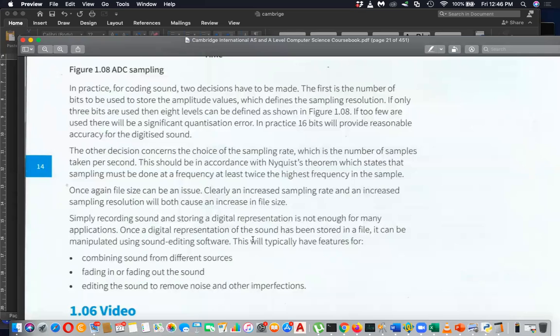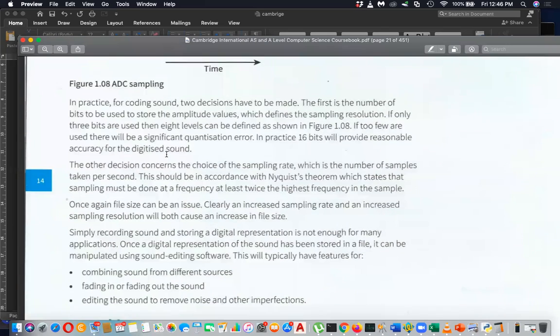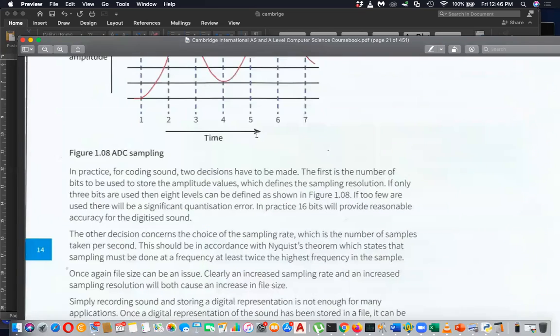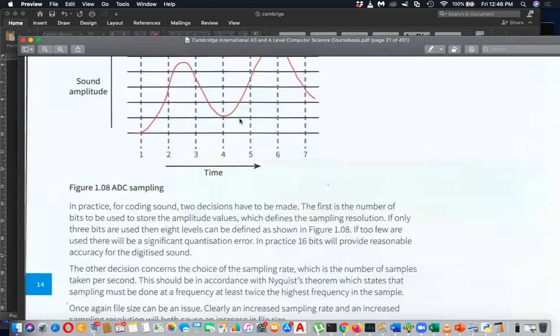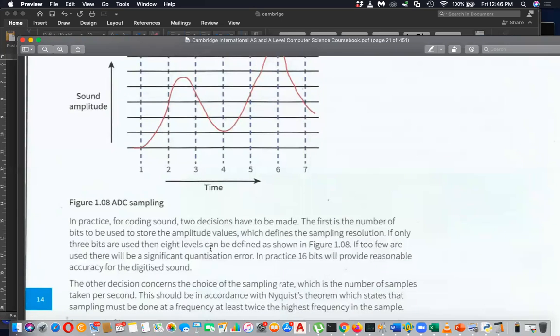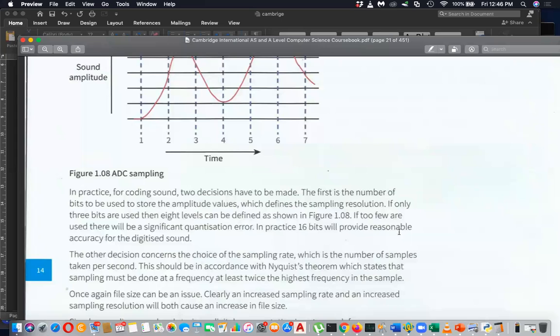This is the theoretical part. If you use too few samples, there will be significant quantization error. Understood? Is it true or false? If you use too few samples, there can be quantization error.